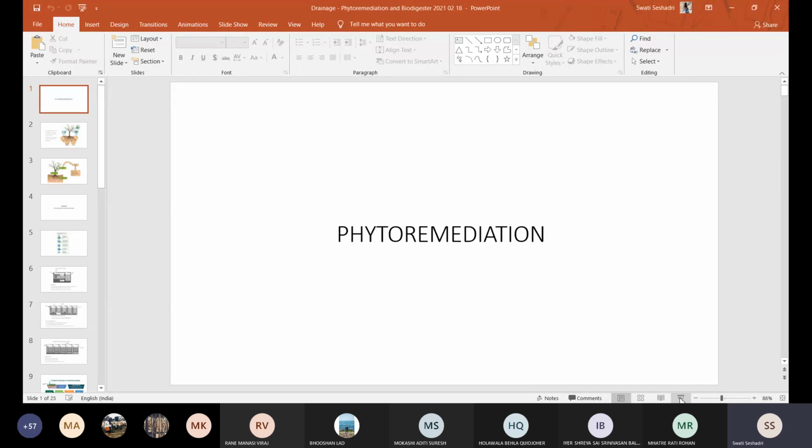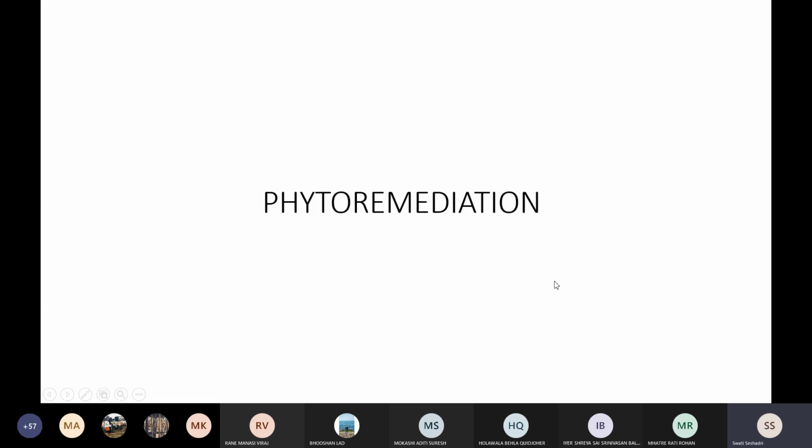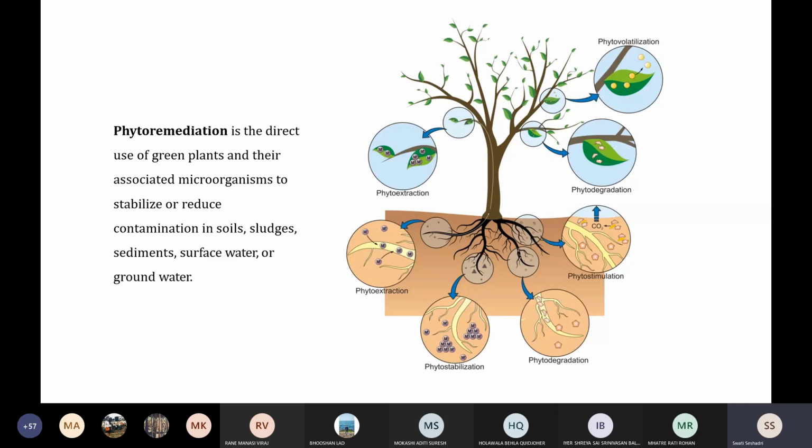So the phytoremediation system that we had introduced, we had kind of seen it in one of the projects earlier. Essentially, a phytoremediation system is one where your plants allow for the cleaning of the system to happen through the soil and the various microorganisms.